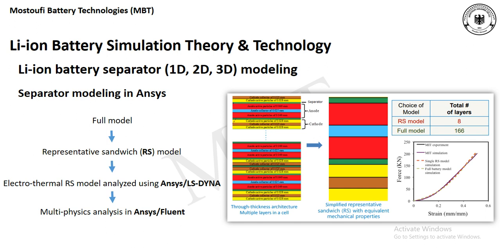And then when we have the RS model, we go through the electrothermal analysis using the Ansys LS-DYNA solver, and then we can analyze the exported deformed mesh from LS-DYNA in Ansys Fluent to analyze the multiphysics of the analysis. As you can see on the right side in the figure, the accuracy of the RS model analysis is very good compared to the experimental data.